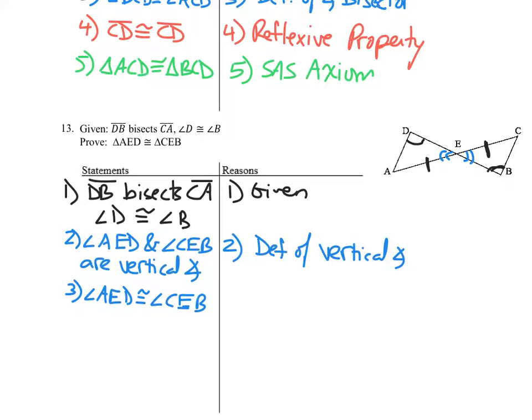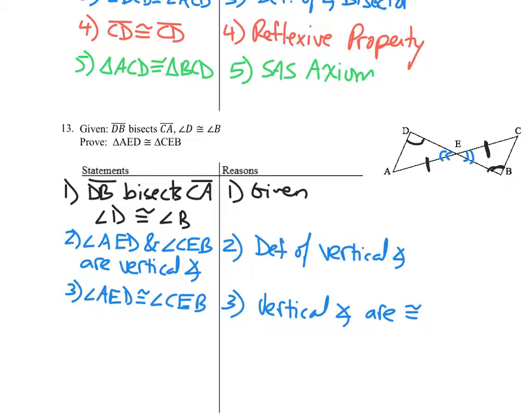It seems like you could probably jump right to that statement there, but you really can't state that these two vertical angles are congruent if you haven't stated that they're vertical angles to begin with. And so my reason here would be vertical angles are congruent.